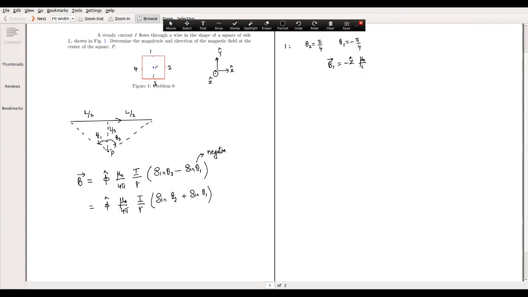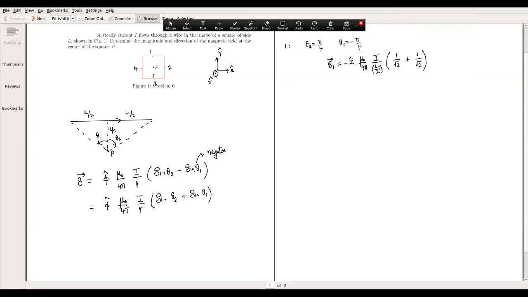It's mu naught over 4 pi times current I, and the distance between the point P and the wire is half the length, so it's L over 2. And sine of pi by 4 is 1 over root 2, and it is plus here, sine of pi by 4 again, which is 1 over root 2. Or if we think of it as negative, then it is negative of negative 1 over root 2.